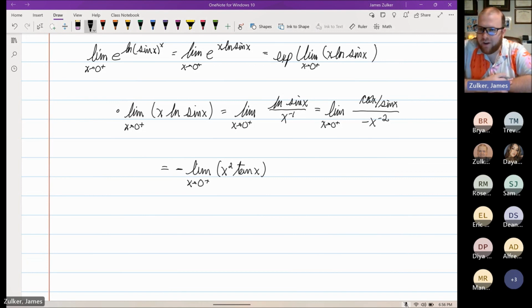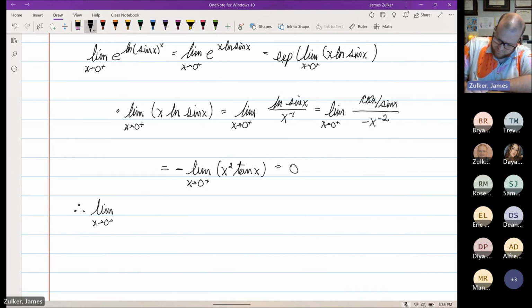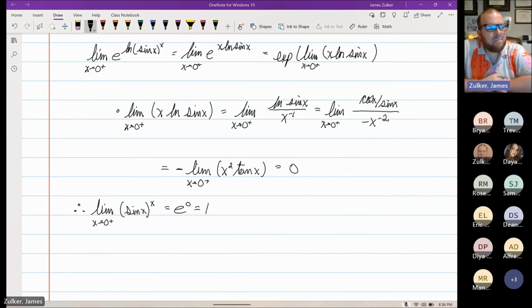And then x squared, the limit of that is also 0. So this is just 0. So this limit is e to the 0, which is 1.